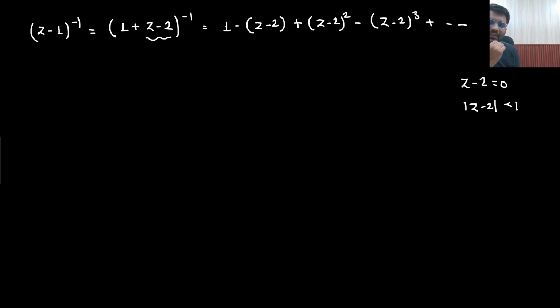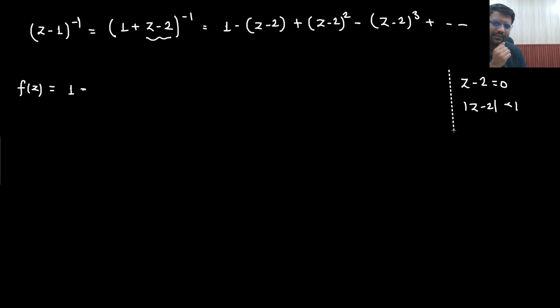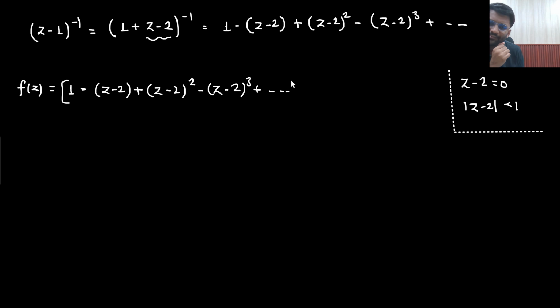So from here what you will see is that my f of z is coming out to be 1 minus z minus 2 plus z minus 2 whole square minus z minus 2 whole cube and so on.